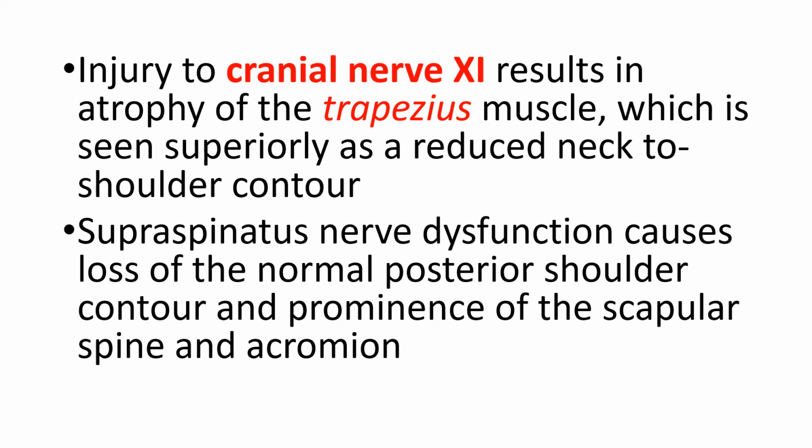This will press on the nerve and it will affect the infraspinatus alone. So the supraspinatus is intact while the infraspinatus is gone. So you have to know, if they ask you, if the supraspinatus is intact, where is the block? You tell them in the spinoglenoid region. If both are gone, it's at the suprascapular region. So don't forget this.